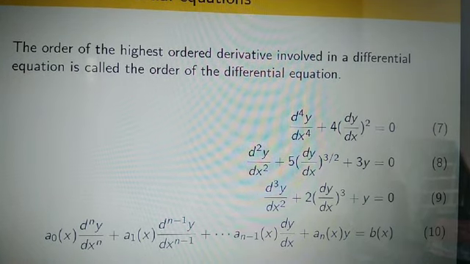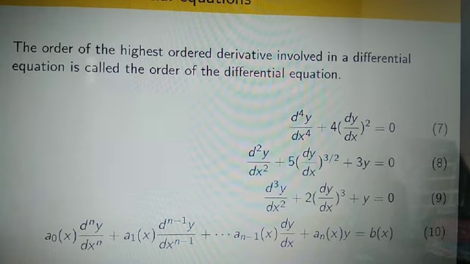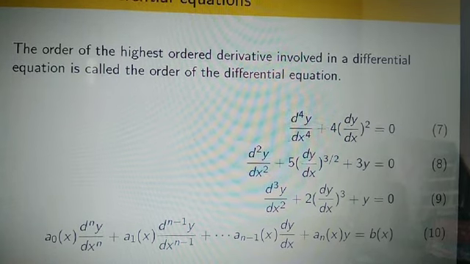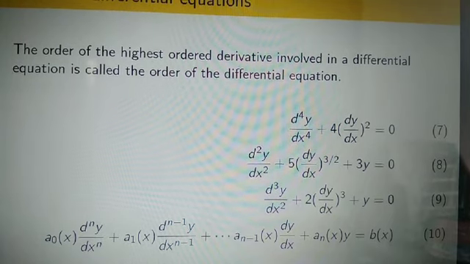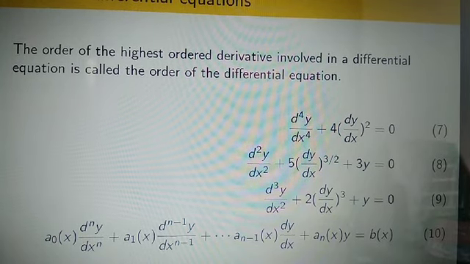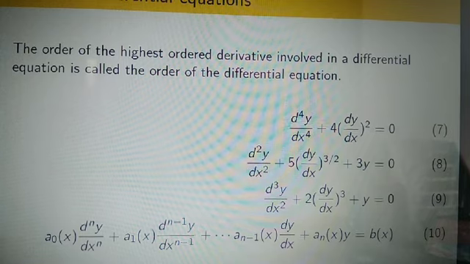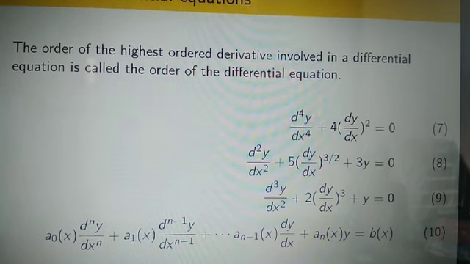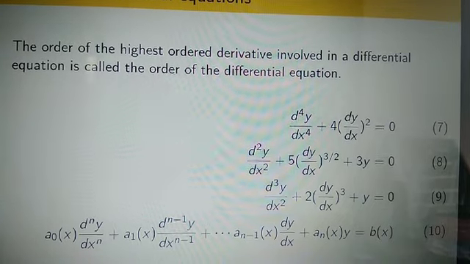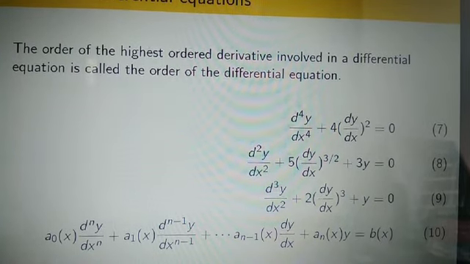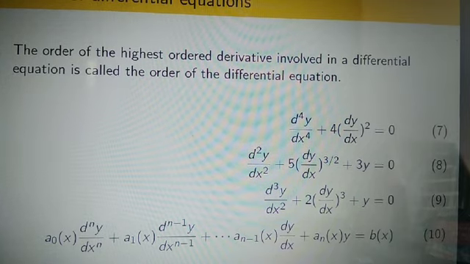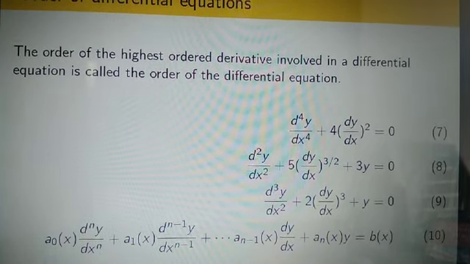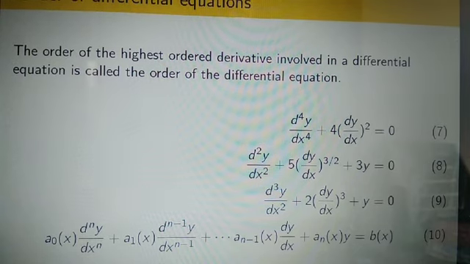Now equation number 8: d2y dx square plus 5 (dy dx) to the power 3 by 2 plus 3y equals 0. The highest order derivative involved here is d2y dx square, so it is a second order differential equation.